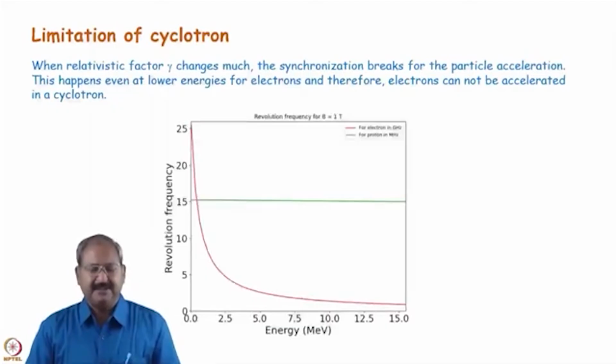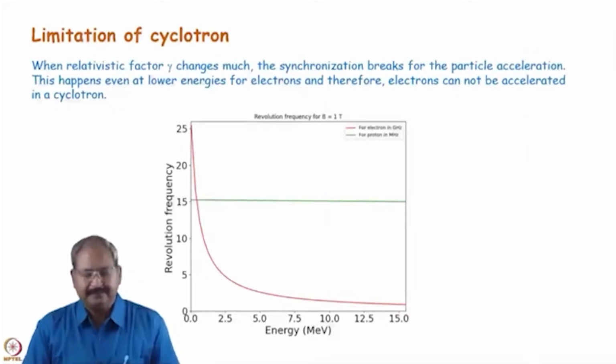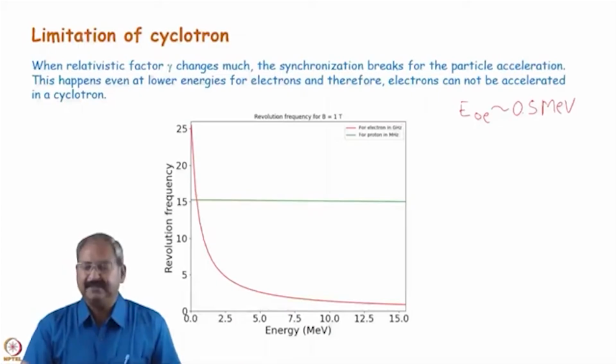We see how the revolution frequency changes in the case of electron and proton. In case of electron, the rest energy is only 0.5 MeV. Means even 0.5 MeV kinetic energy is comparable to the rest energy, so the particle becomes relativistic very early.